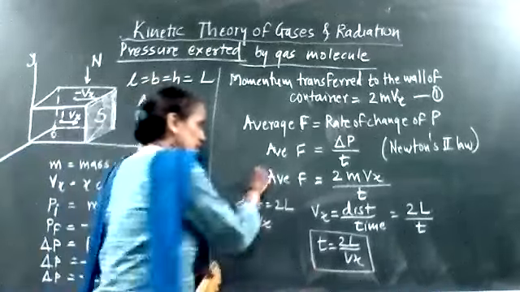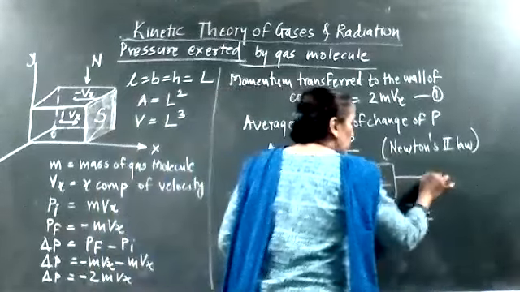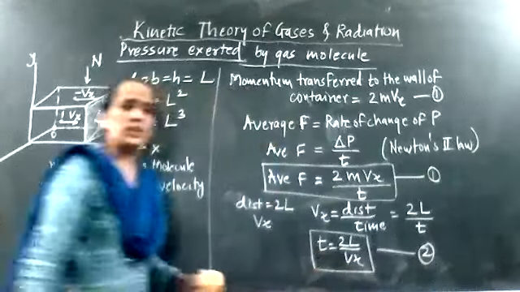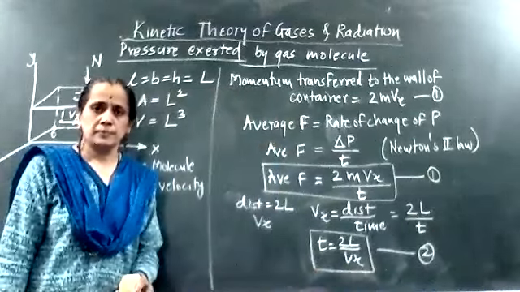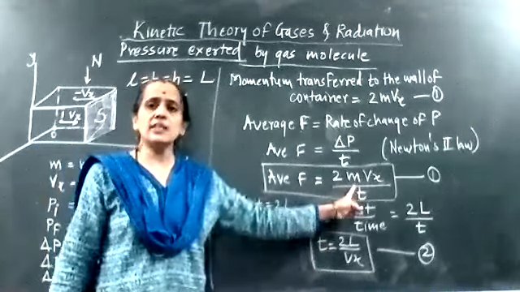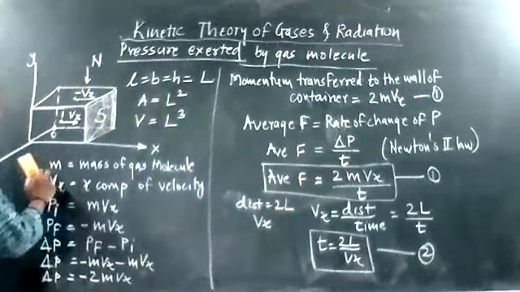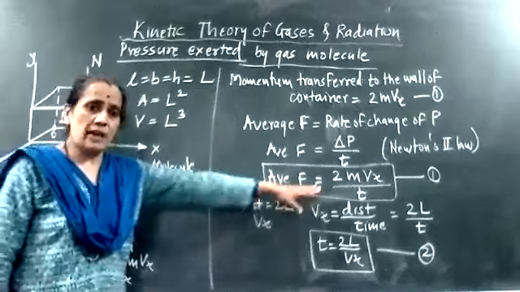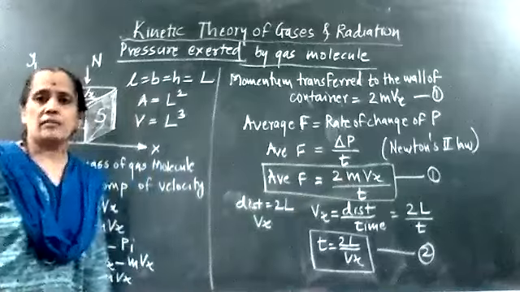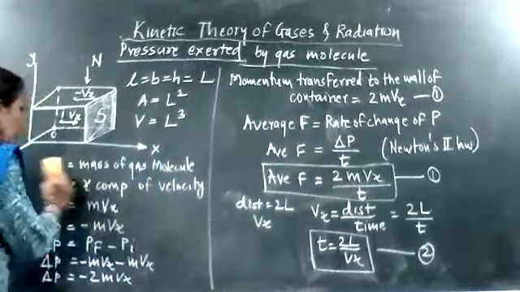Clear? Here I am getting the average force from Newton's second law, and the time from the definition of velocity. Now I can put the value of t in the average force formula.